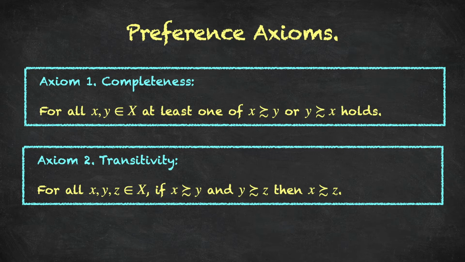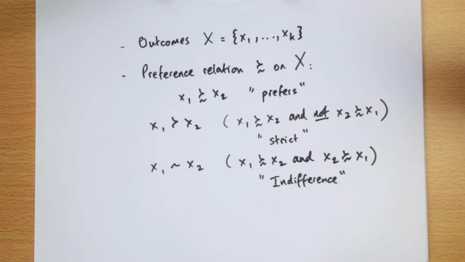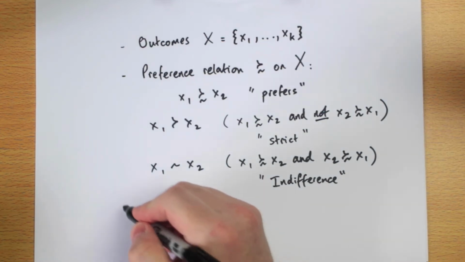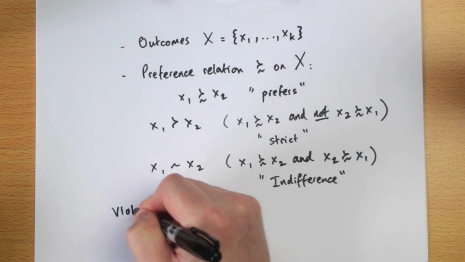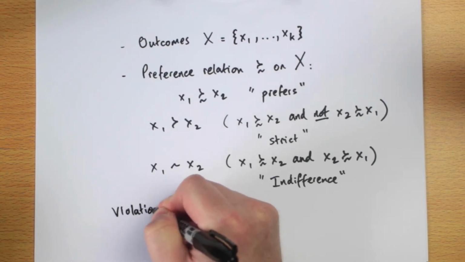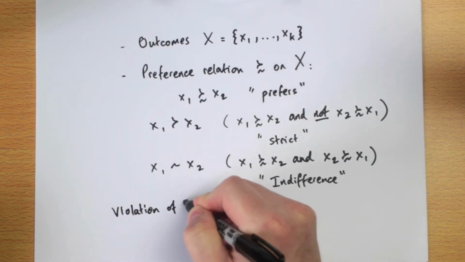Let's go back on paper and discuss this a little more. So why do we include the axiom of transitivity in our definition of a rational preference? Well, let's imagine that we observe a violation of transitivity.